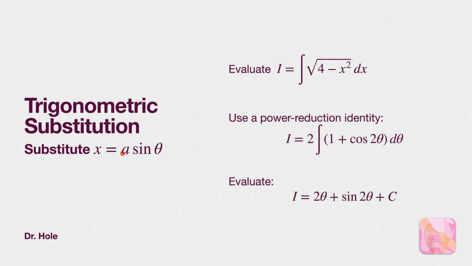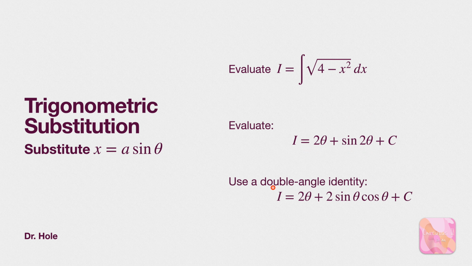So x is a sine of theta, and here we're looking at sine of 2 theta. On the theta term, we know that we're going to be able to apply arc sine in order to get theta being arc sine of x over a. But sine of 2 theta, we're going to have to look elsewhere.